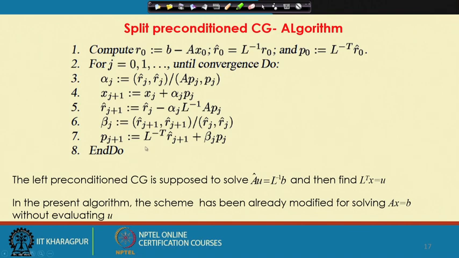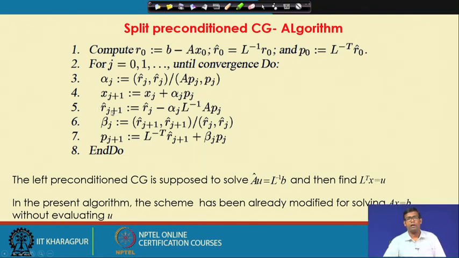However, an L inverse transpose solution is required when we are finding p, and the L inverse A product is required when we are finding r tilde. So, we are seeing that any preconditioned system adds some overhead in terms of solving a new equation system.